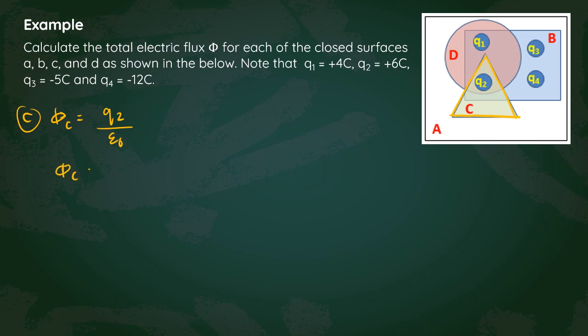So that will give us charge 2, positive 6 coulombs, divided by 8.8542 times 10 raised to negative 12 coulomb squared per Newton meter squared. Placing that in our calculators, that's positive 6 divided by 8.8542 times 10 raised to negative 12.